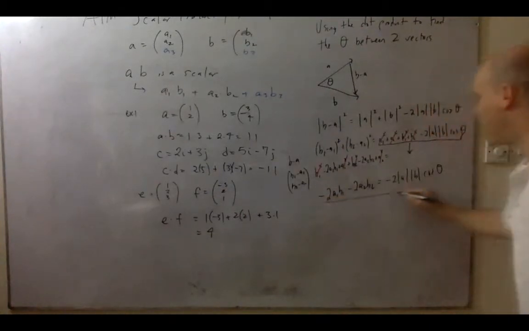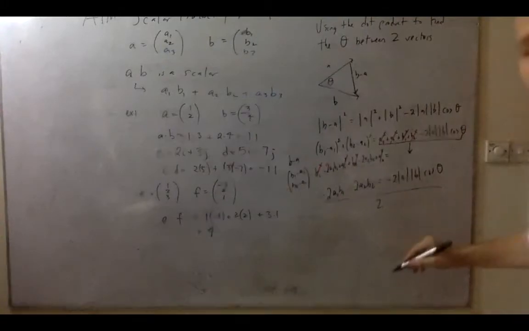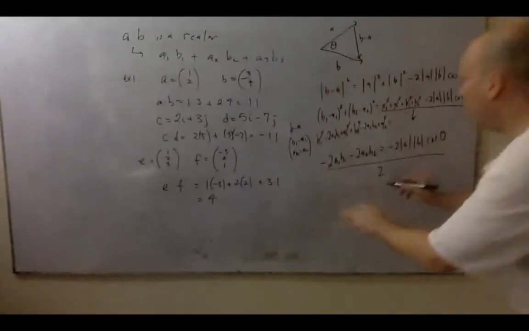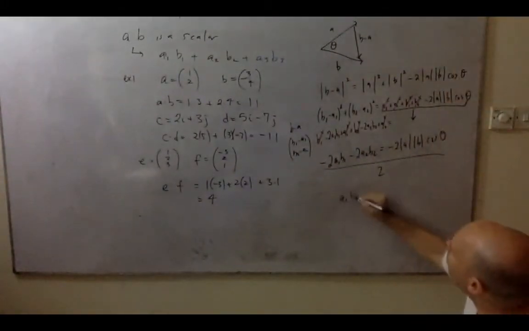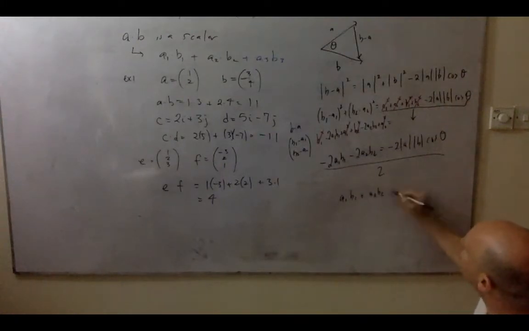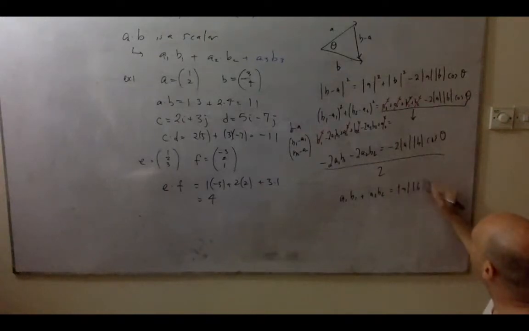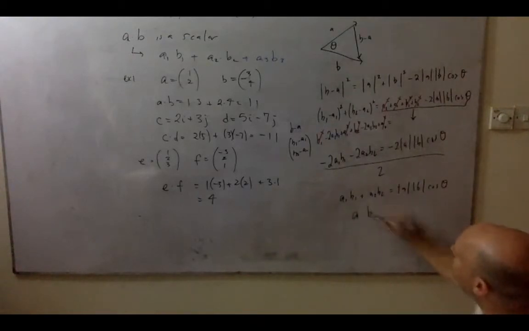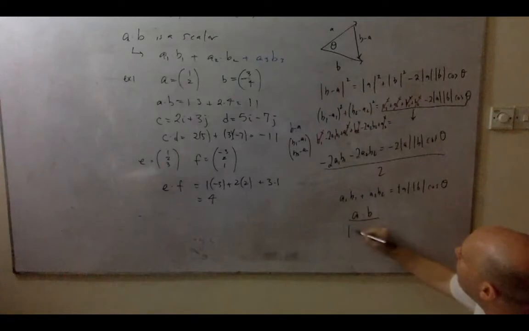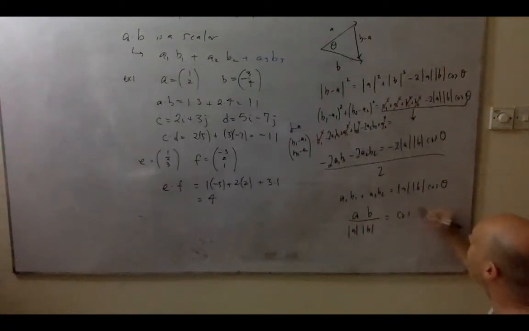And we're left with, this is kind of cool, A1 B1 plus A2 B2 is equal to magnitude of A, magnitude of B, cosine of theta. Well, this is A dot B divided by magnitude of A, magnitude of B is equal to the cosine of the angle. And this is the formula.